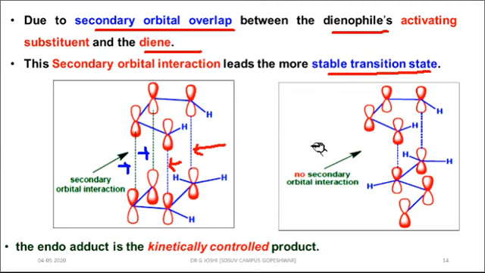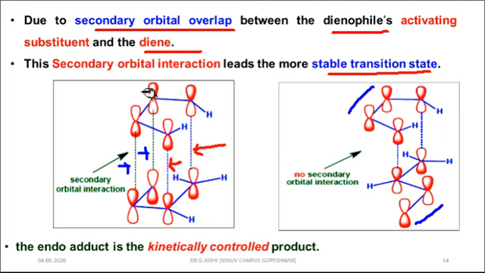Such a secondary interaction is not observed when the dienophile approaches via exo orientation, because in exo orientation these two orbitals of the LUMO of dienophile are away from the orbitals of the HOMO of diene. Hence, such secondary interactions are not possible when the substituent R acquires exo stereochemistry.